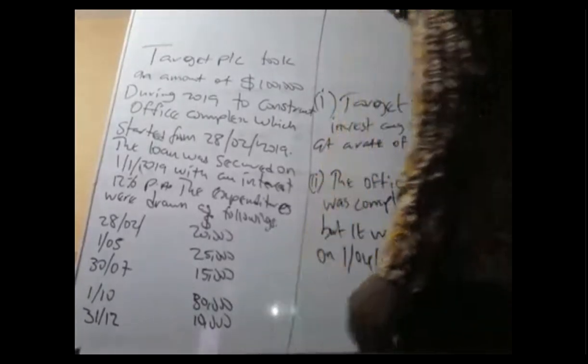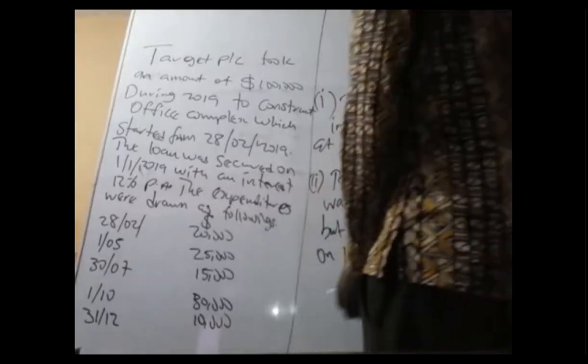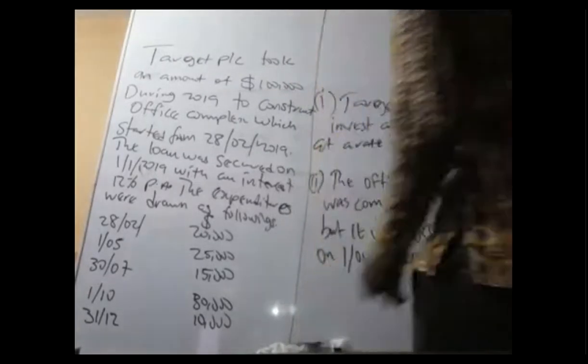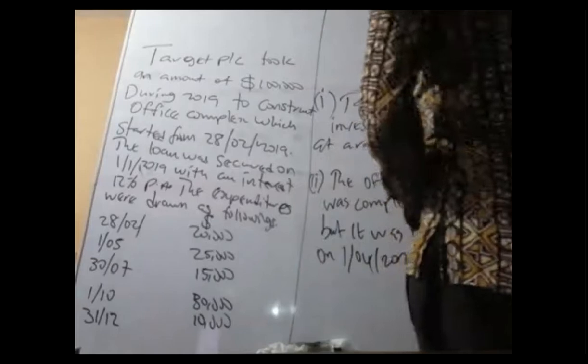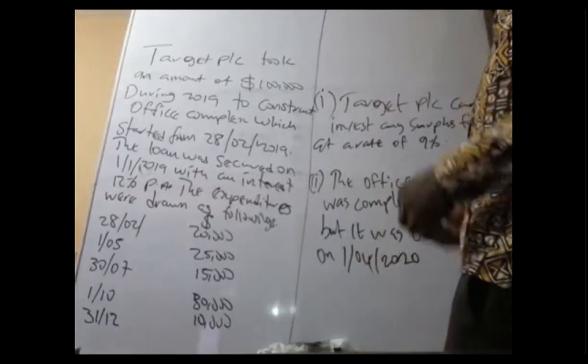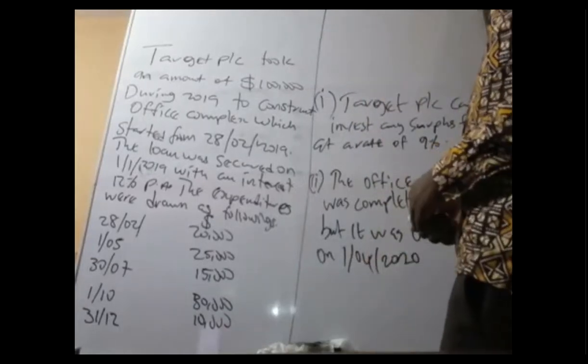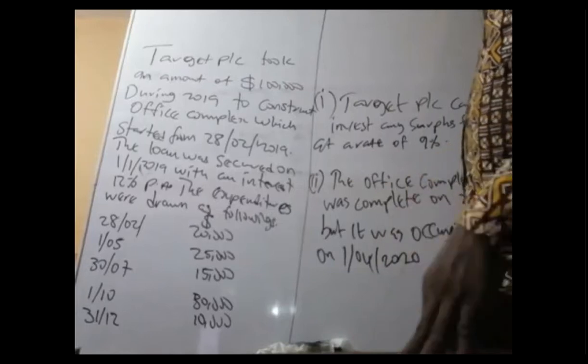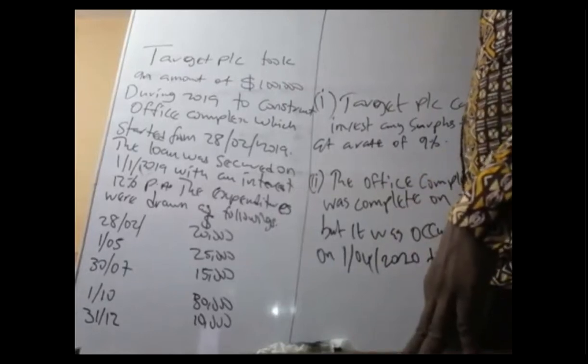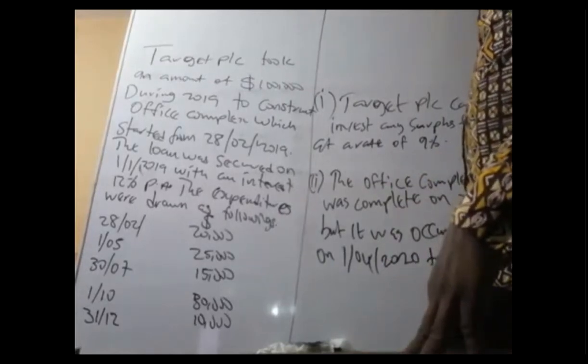Yes, it's true, Target PLC, our anniversary date is around April, on 1st April 2020, just to mark the anniversary date.